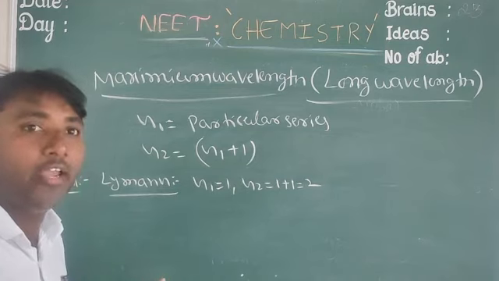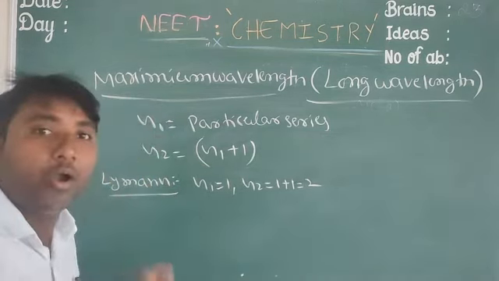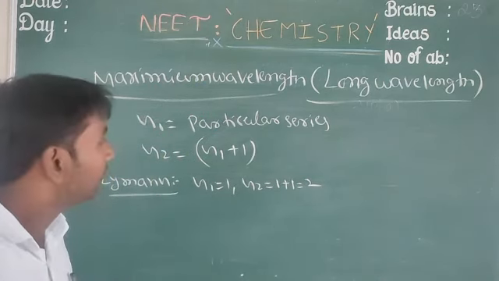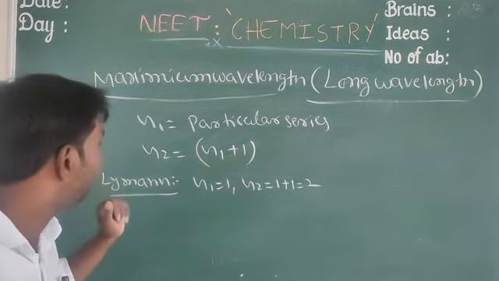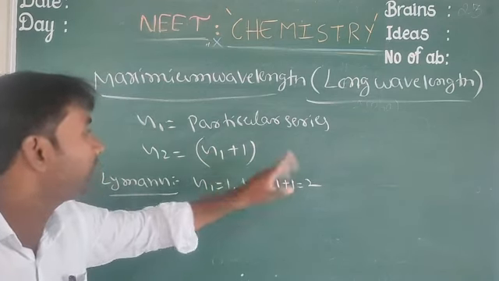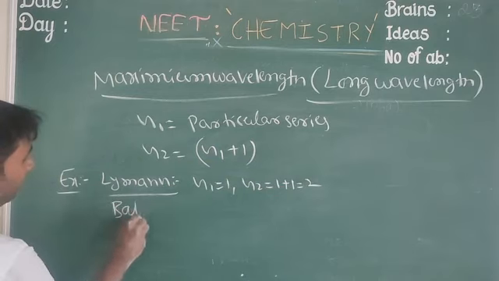If they gave values, we could easily find out. But they just mention long wavelength or maximum wavelength, so we only assume the particular series. For example, Lyman means N1 equals 1, a fixed value, N2 equals N1 plus 1, 1 plus 1, 2.